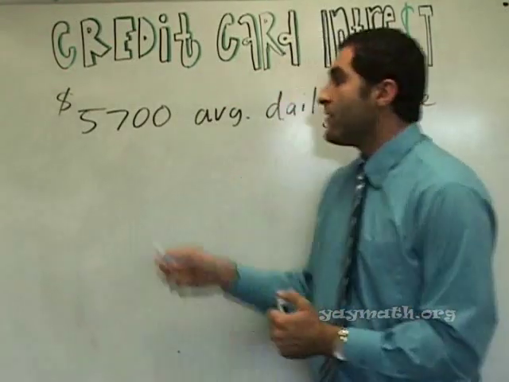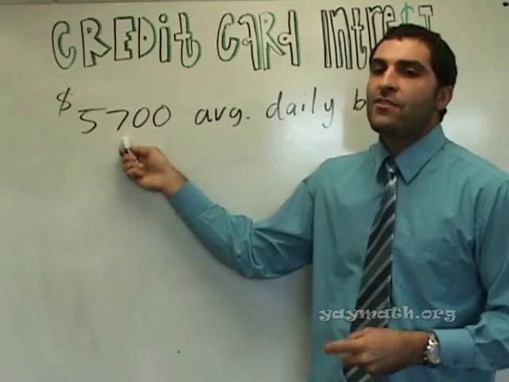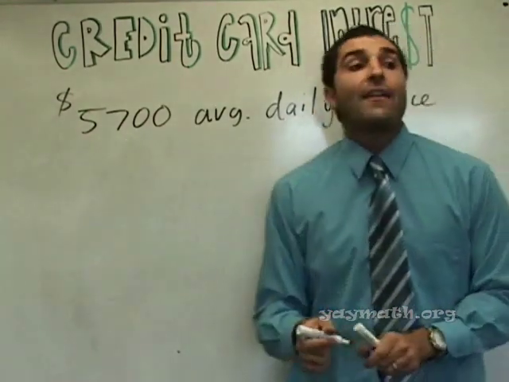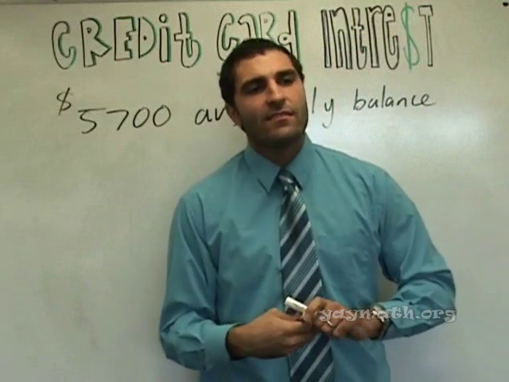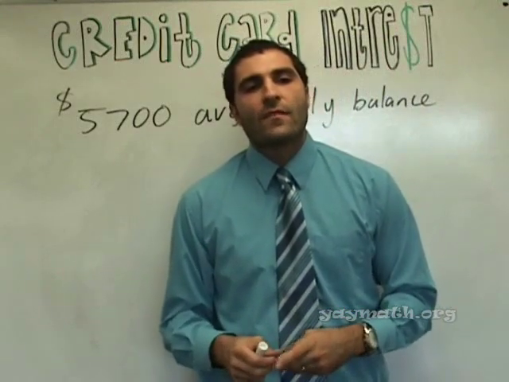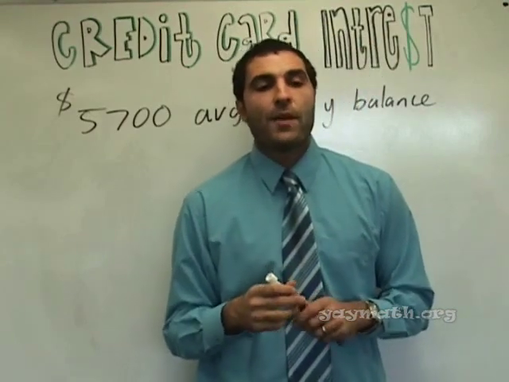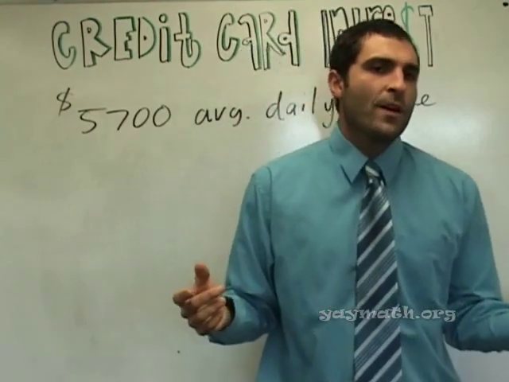So now the credit card company charges interest on this amount of owing, on the average. Why would they charge it at the end? At the end we owe 5,900, but did we owe 5,900 the whole month?